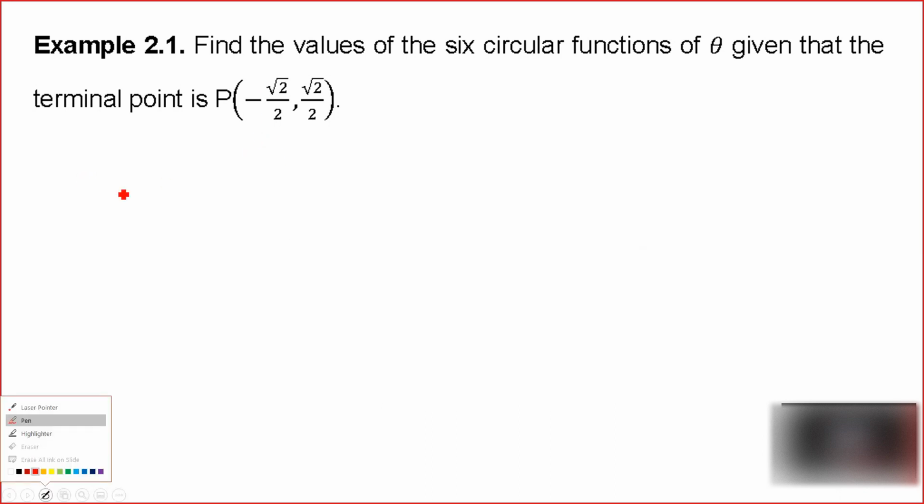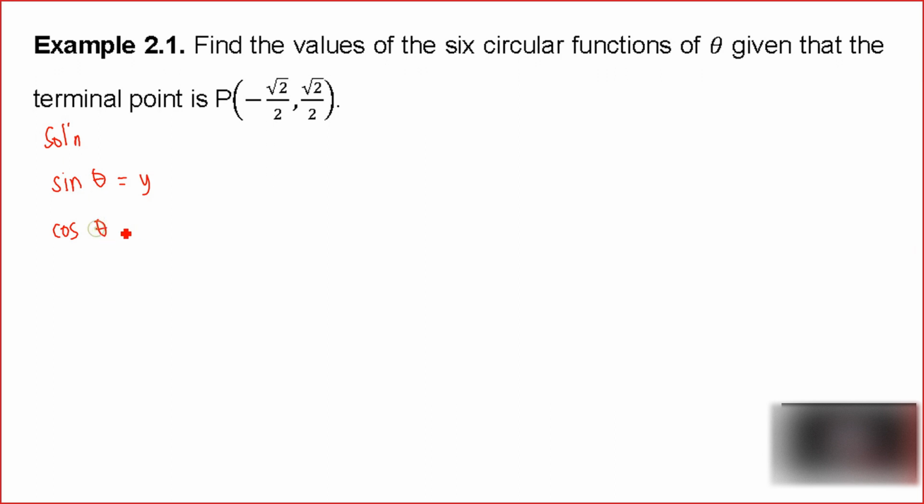For our solution, remember that our sine theta is our y. The cosine theta is equal to x. The tangent theta, the opposite over adjacent, is y over x.